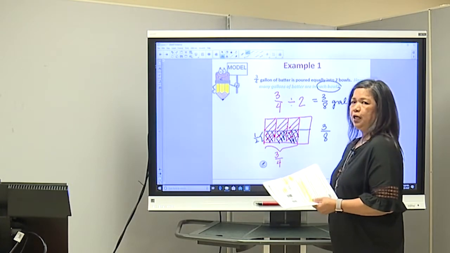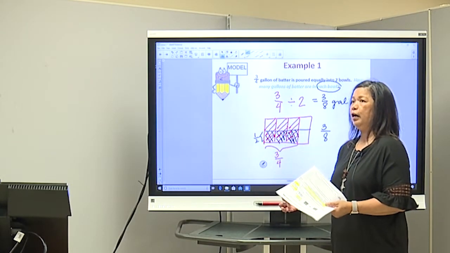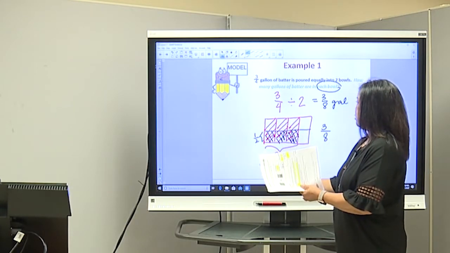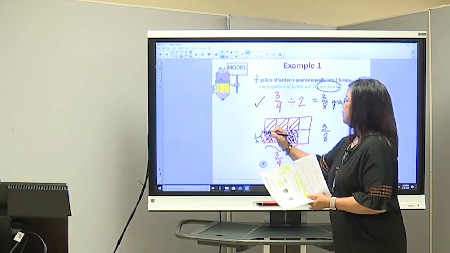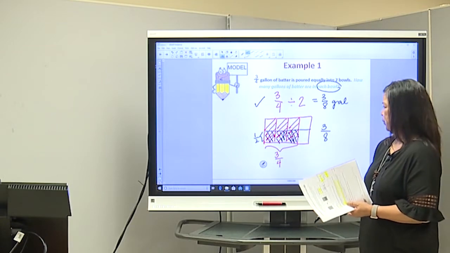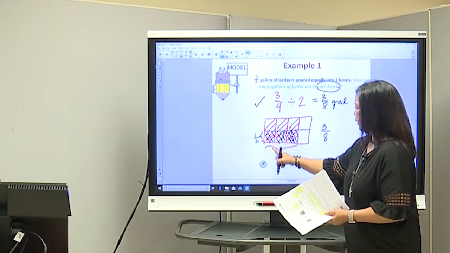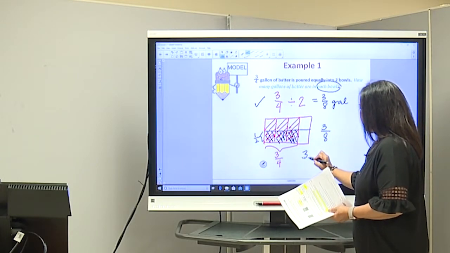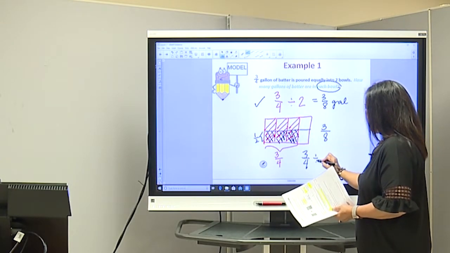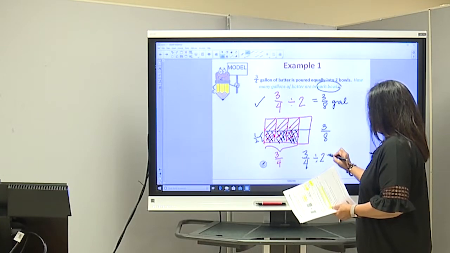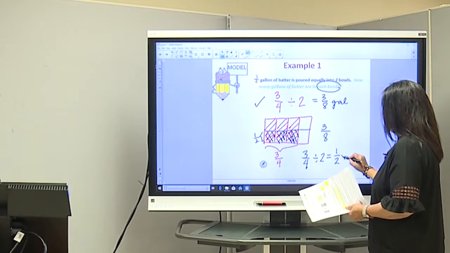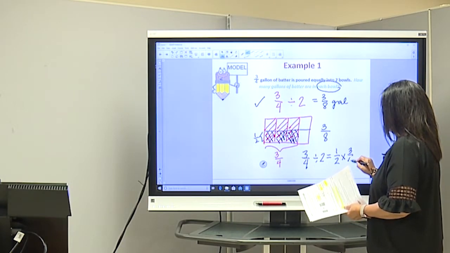Now remember, in the previous slide, we learned how to write both division sentence and multiplication sentence. This is the division sentence that goes with it. Now look at this part right here. 3/4 divided by 2, let me write that down again, is the same as saying 1/2 times 3/4.